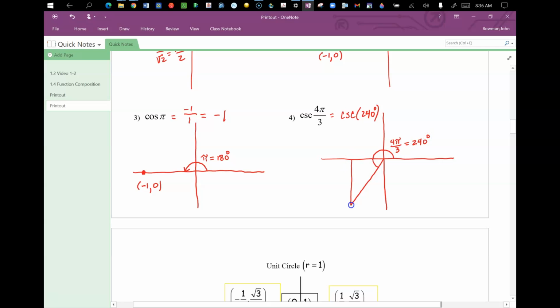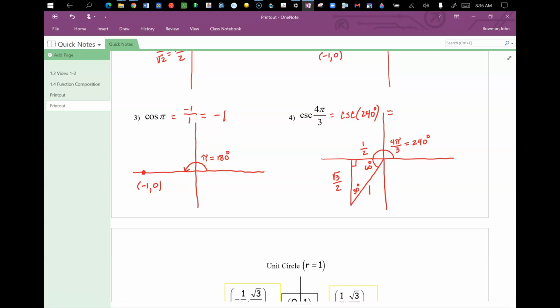And I need to draw my reference triangle. So I've got a 60-degree reference angle here. That makes this 30. If the hypotenuse is 1, the short leg across from the 30-degree angle is half of that, and the long leg is 1/2 times root 3, or root 3 over 2. Again, pay attention to the sign, the plus-minus sign.